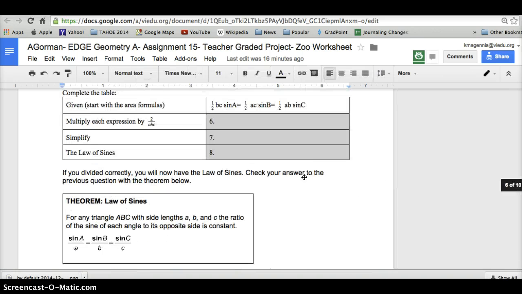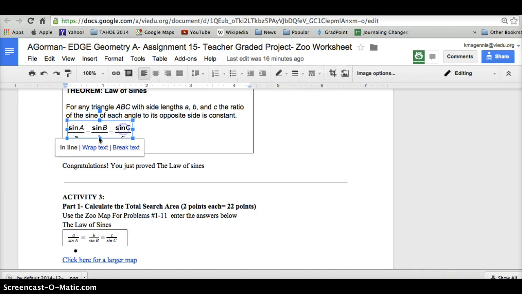I'm not going to go over this one too much. All you're going to do is take each one of these expressions, start by multiplying 2 over ABC, multiply it by this, and then also equals this. So you're going to multiply this part by 2 over ABC and this by 2 over ABC, and then simplify, and then you have the law of sines.